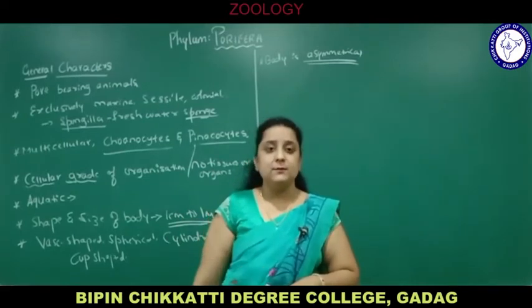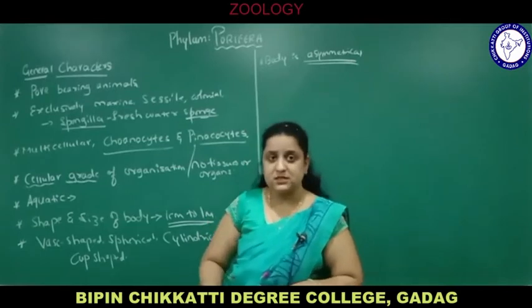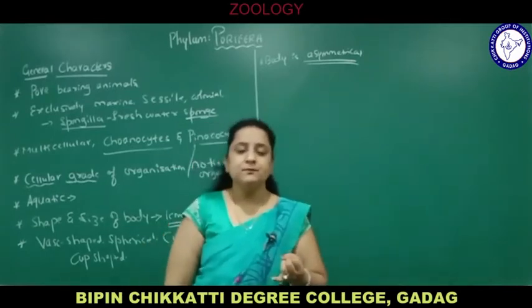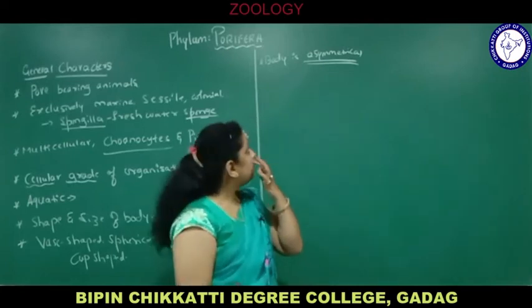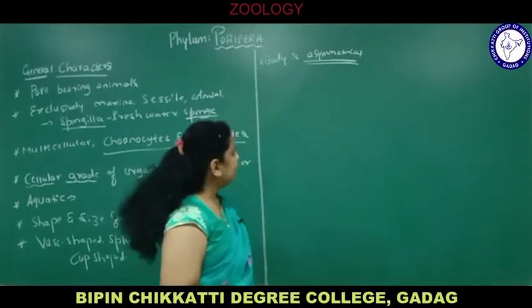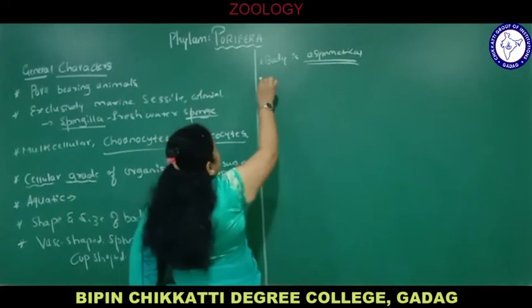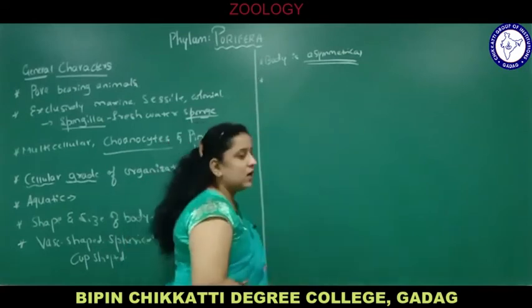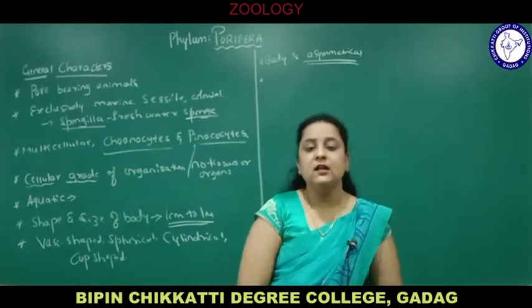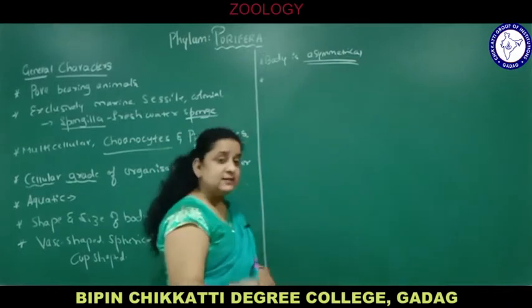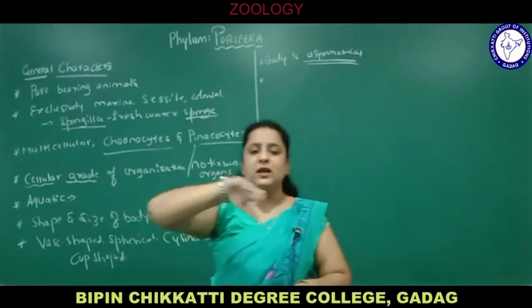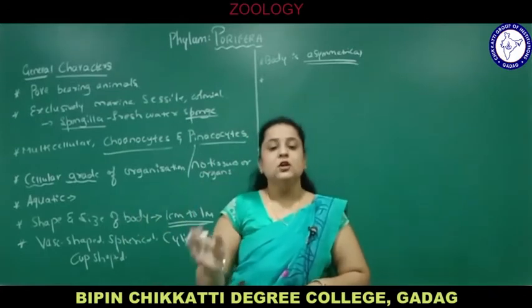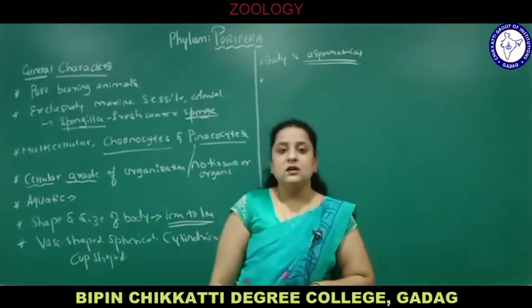Again, there are different types of symmetry: asymmetrical, bilateral symmetrical and radially symmetrical. Now, what do you mean by asymmetrical? Asymmetrical means if you cut the animal body into two halves, you do not get equal halves through any plane passing through the center. It is called asymmetrical.